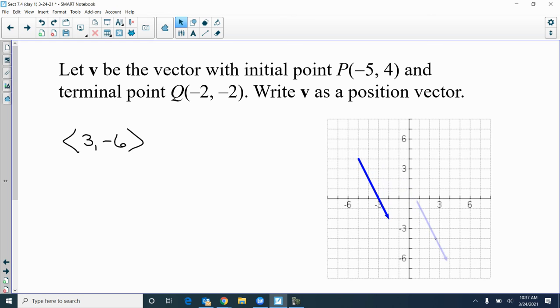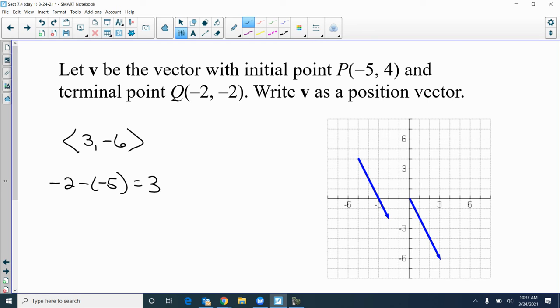If you take that and just slide it there, then it's obviously easy to see he's correct, 3, negative 6. But algebraically, if you just take negative 2 minus negative 5, you get positive 3. And if you take negative 2 minus 4, we get negative 6. So that would be that vector.